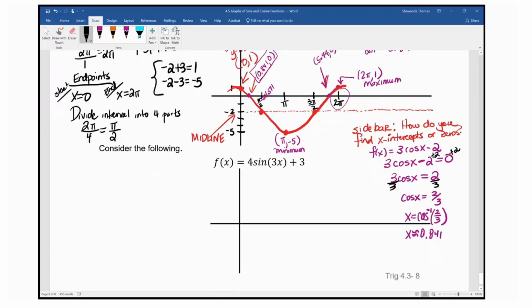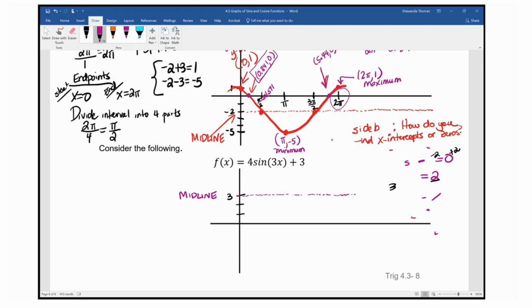We're going to shift up. Let's just say 1, 2, 3. Let's say we're here. I'm going to create a little dotted line right here. That's our midline, not our x-axis anymore. All right, I'm going to erase this stuff over here. Hopefully you got it. It's in my way.